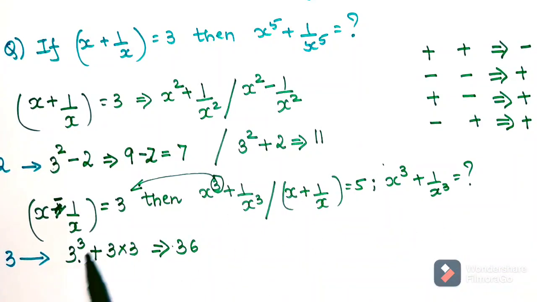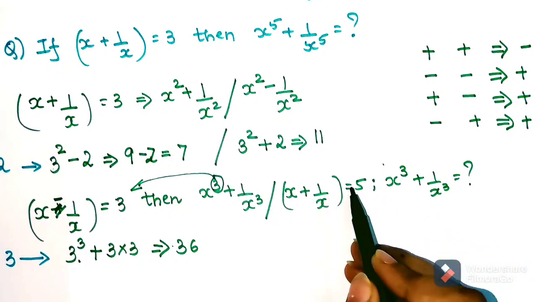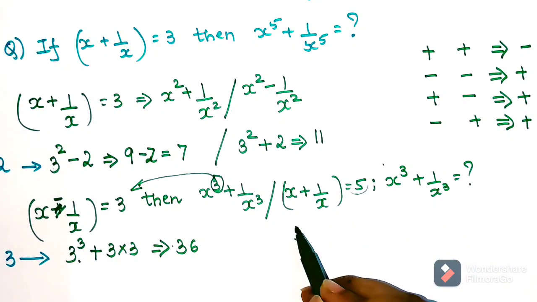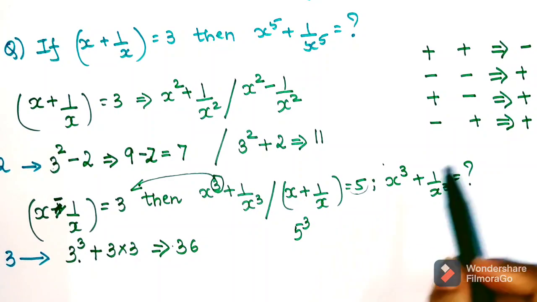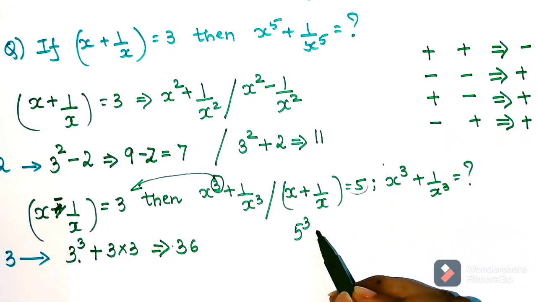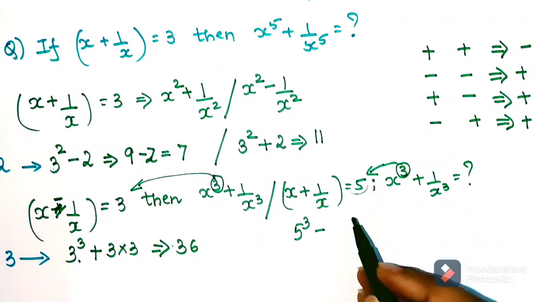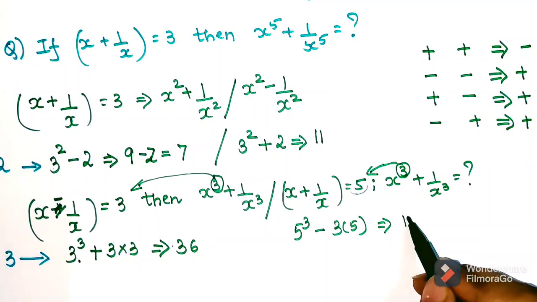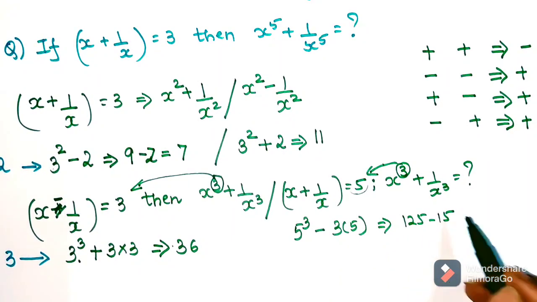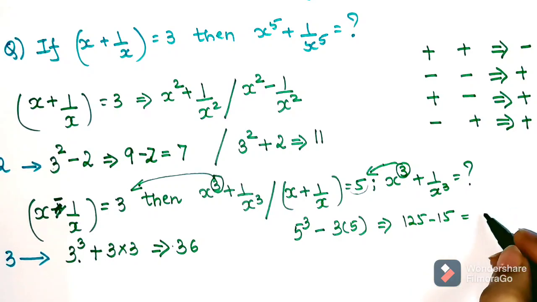So here we did a cube because we are looking for a cube. So whatever is the value, we are going to take a cube, and since there is a plus and plus, we are going to do minus this power into the value. So 3 into 5. So that is going to get you 125 minus 15. So that is coming out to be 110.